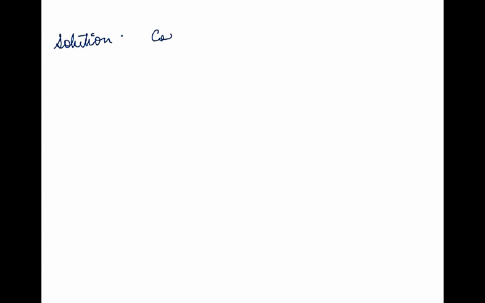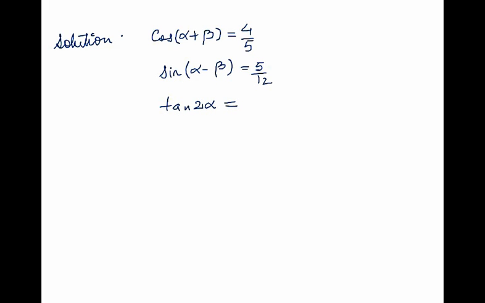We have been given that cos(alpha plus beta) is equal to 4 over 5 and sin(alpha minus beta) is equal to 5 over 12, and we need to find the value of tan 2 alpha.